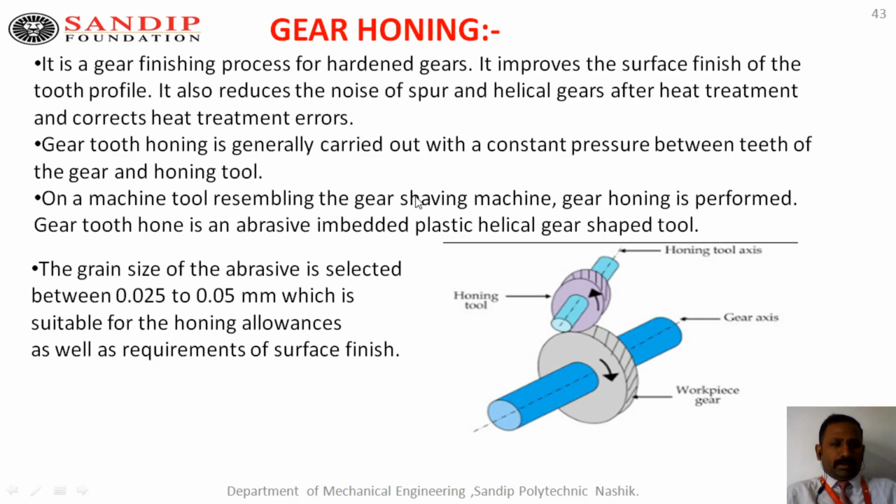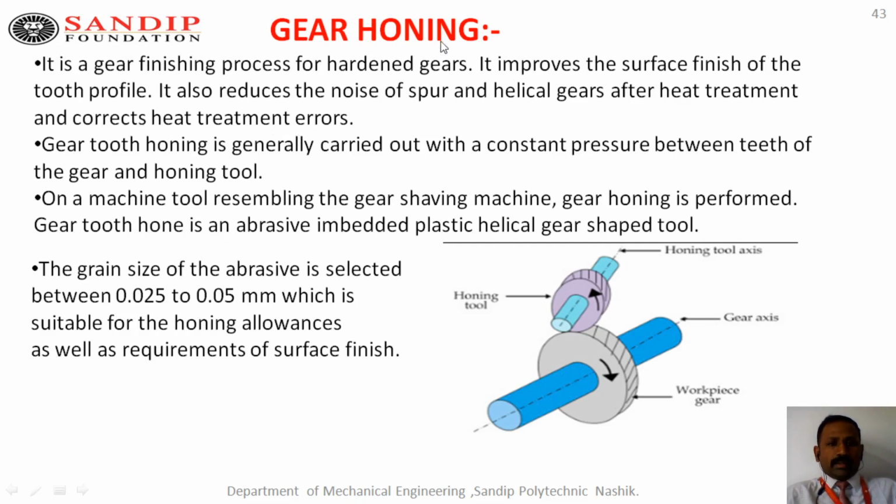Then gear honing. It is a finishing process for hardened gears. Honing is also one of the tools, like hobbing, that provides abrasive material to remove material in the form of microns. It improves the surface finish of the tooth profile, reduces the noise of spur and helical gears after heat treatment, and corrects heat treatment errors.